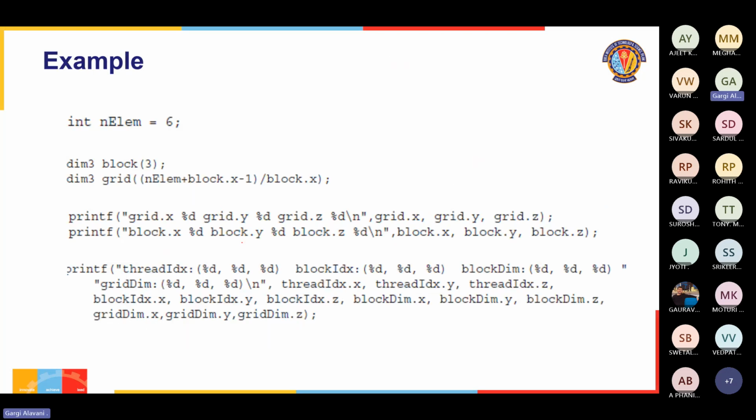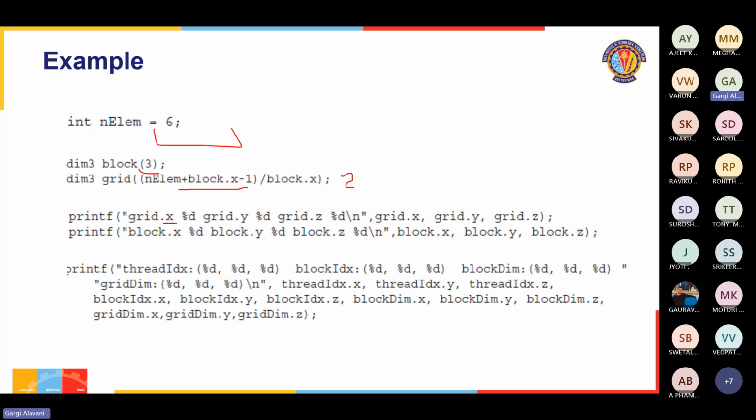Okay. So let us see an example, in case it is still not clear; this example should make things clear. We have here the number of elements as 6. The block size is 3. And here we divide 6 by 3, which gives us a grid size of 2. So there are 2 blocks of 3 threads each.